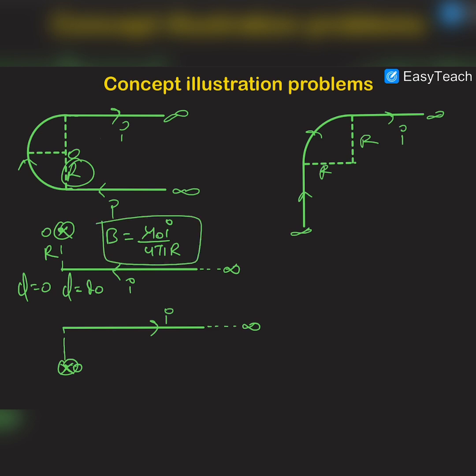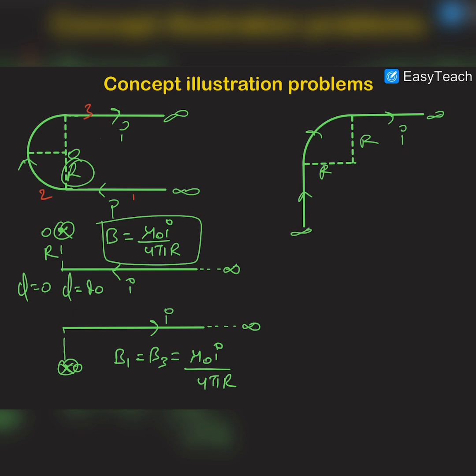Let us name the wires as wire 1, wire 2, and wire 3. This magnetic field is due to wires 1 and 3, so we can write that B1 and B3 will be equal to mu naught I by 4 pi R.